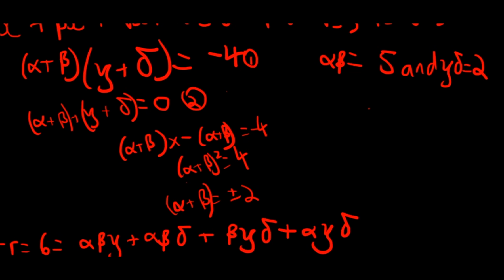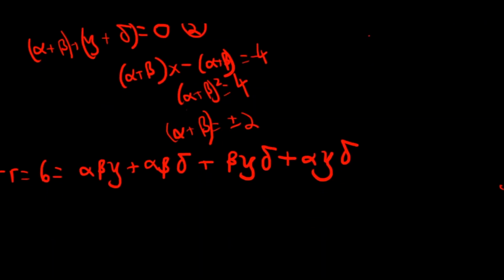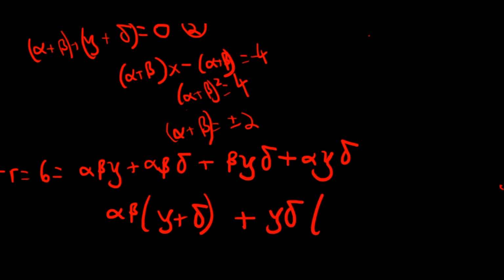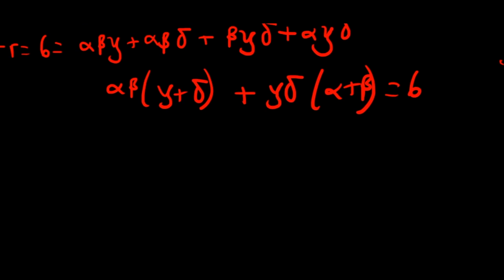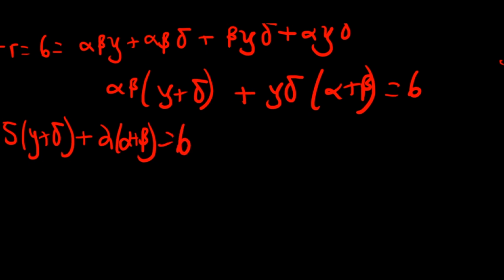And this expression can be factorized to give alpha beta times gamma plus delta plus gamma delta times alpha plus beta, and this is equal to 6. And so we have 5 times gamma plus delta plus 2 times alpha plus beta is equal to 6.